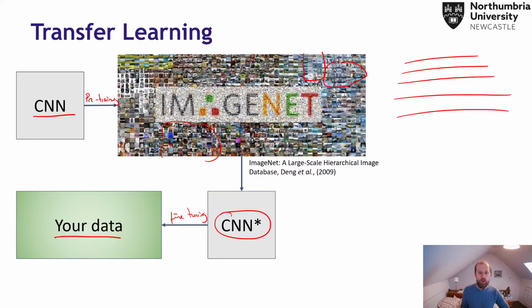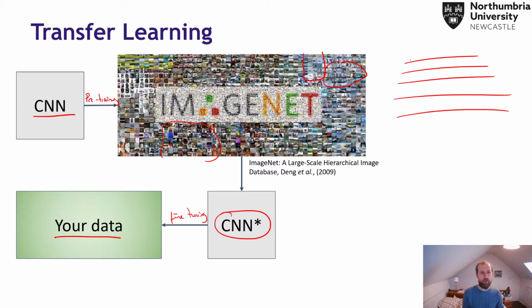So what you're doing when you do this fine-tuning is you're trying to take this model that's been trained on ImageNet and teach it which of those features that are very complex and very expressive are going to be most useful for your data.